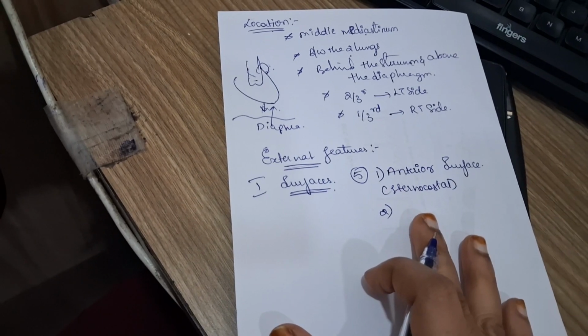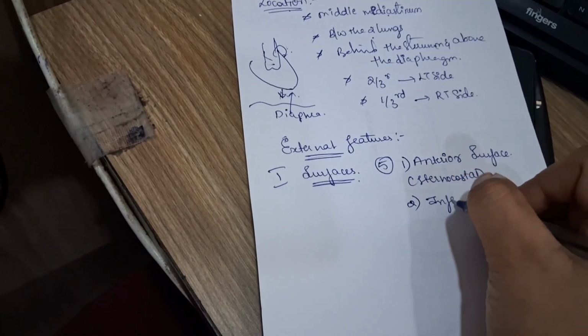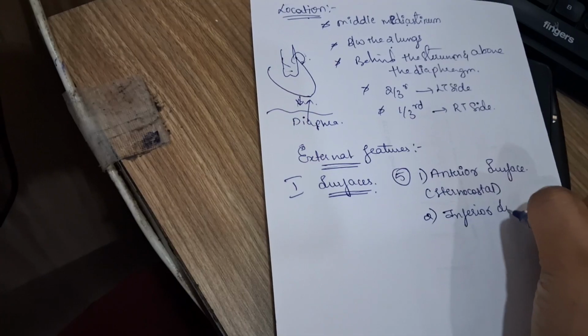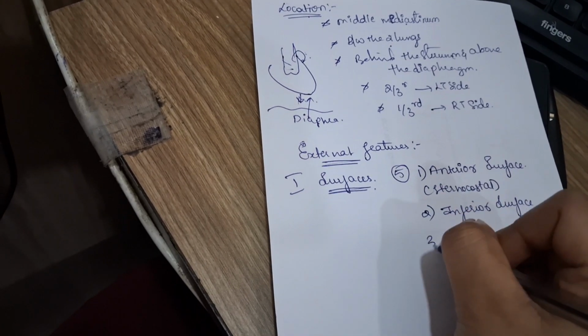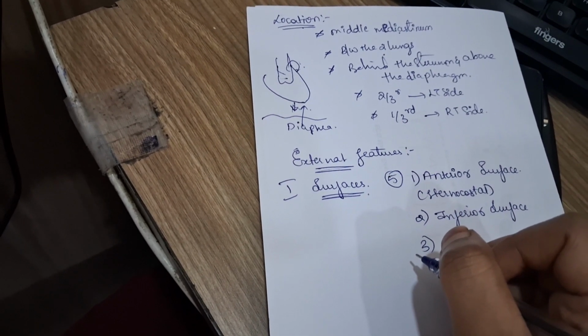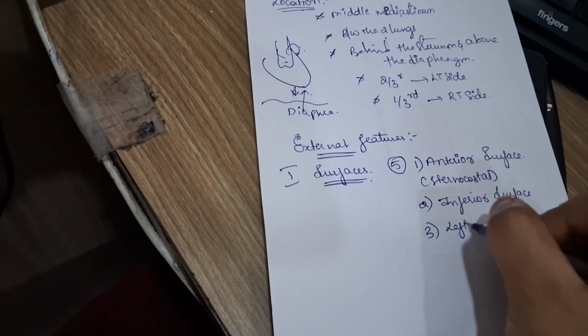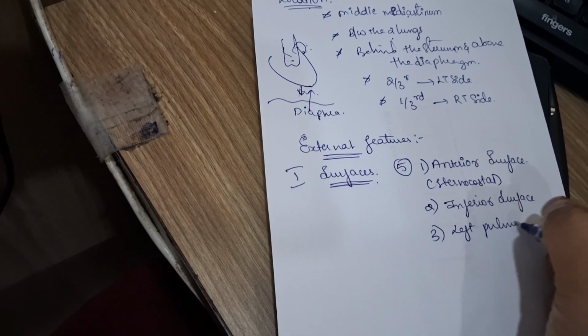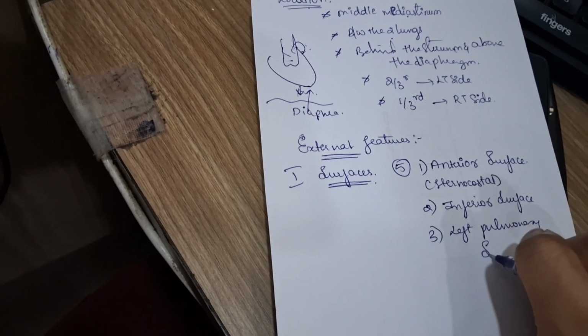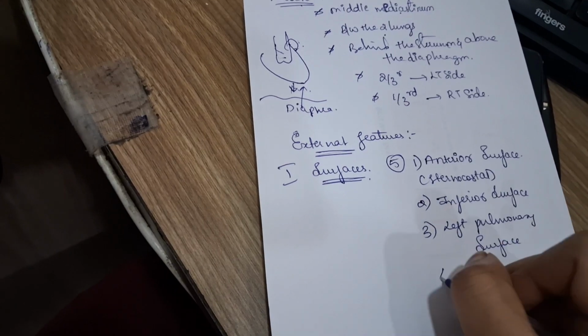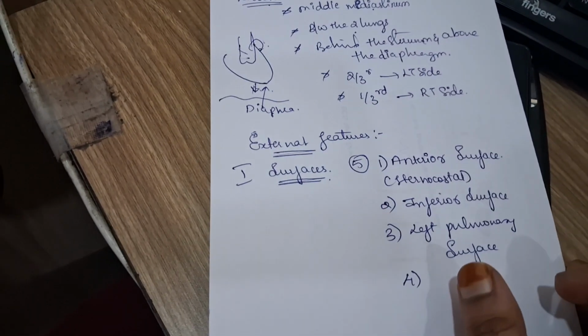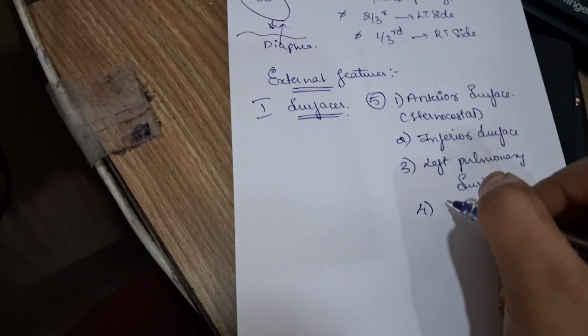The second one is the inferior surface. The third one is the left pulmonary surface. The fourth one is the right pulmonary surface.